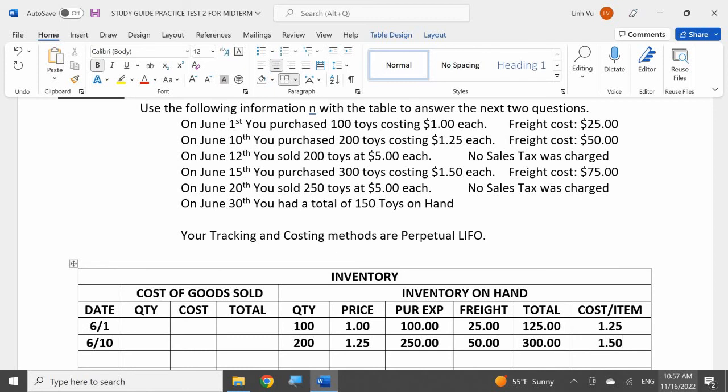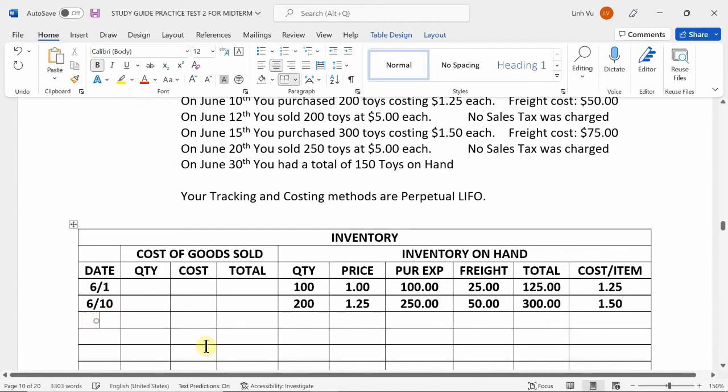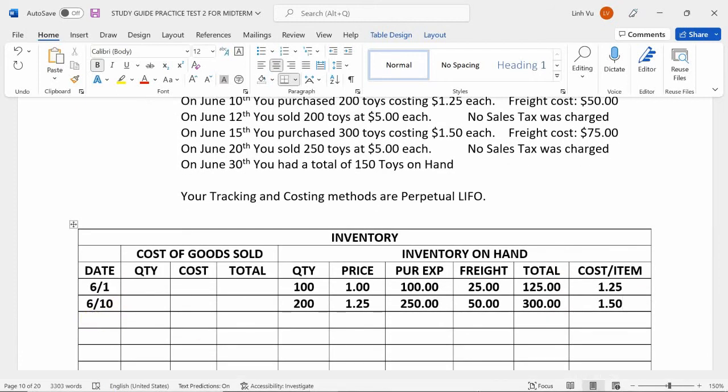On June 12th, you end up selling 200 toys at $5 each. So in this case, if I'm using the rules of LIFO, on June 12th, I end up selling 200 units. Now LIFO tells me I need to get rid of my last batch that I purchased, which in this one conveniently is exactly 200 units.